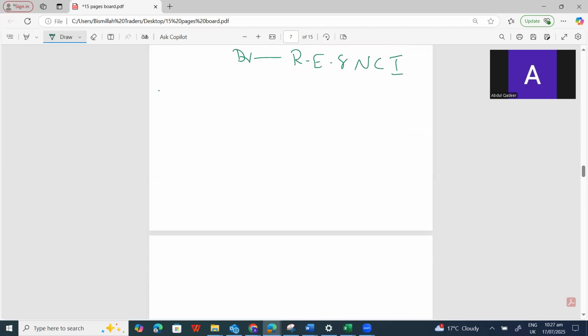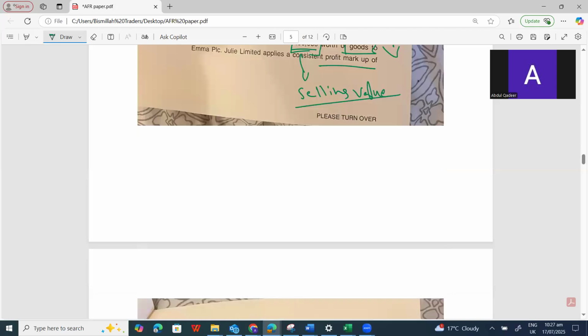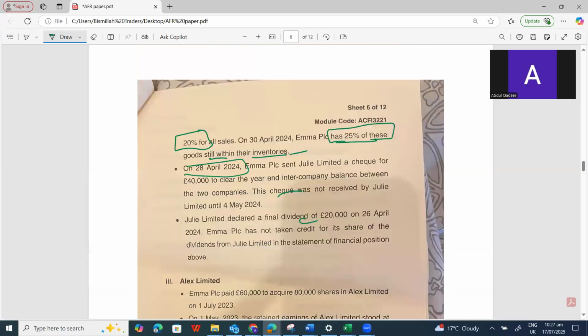Now the next step. On 28 April 2024, before the year end, Julie Limited sent a cheque for 40,000 to clear the year-end intercompany balance between the two companies. The cheque was not received by Emma Limited, so this amount was regarded by one company as receivable and the other company as payable.